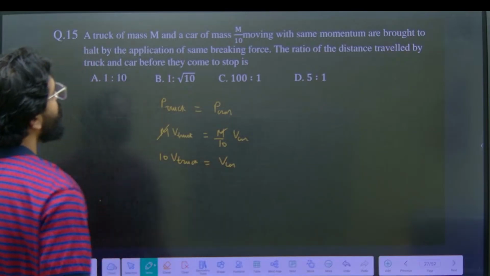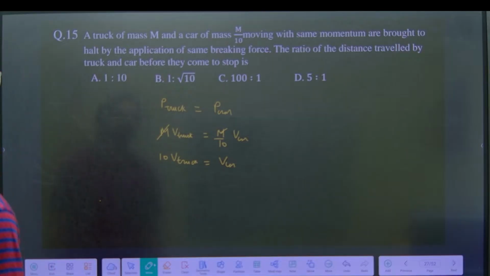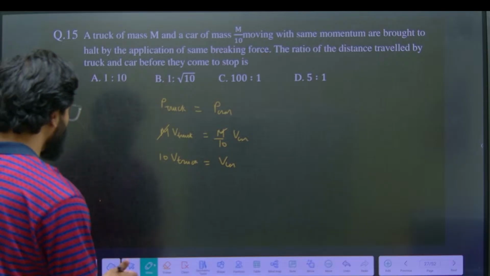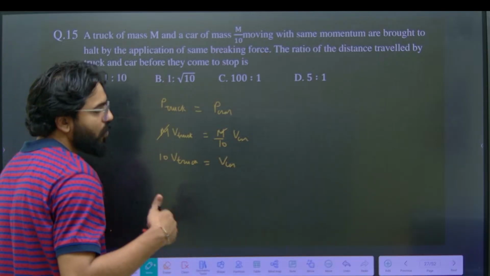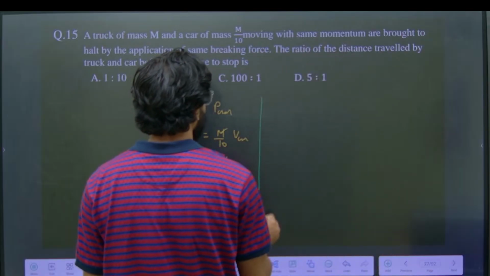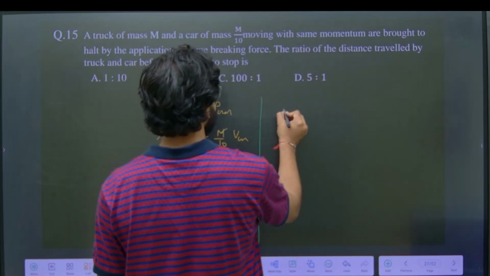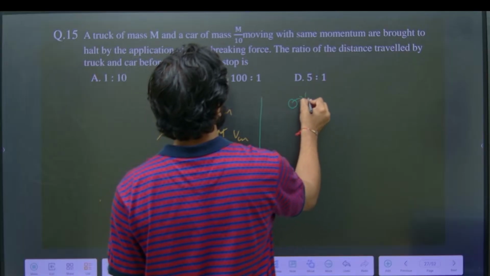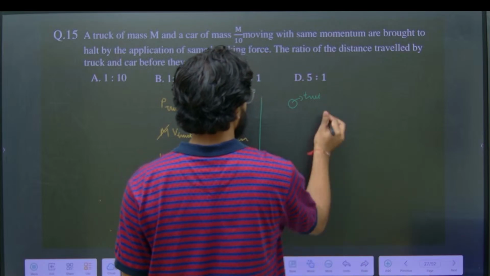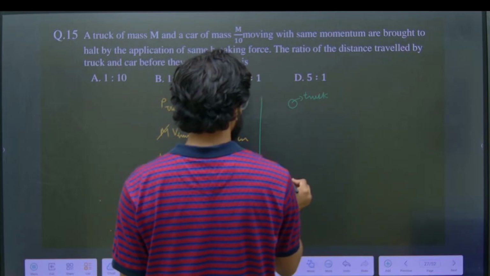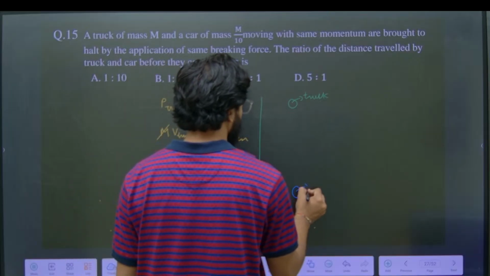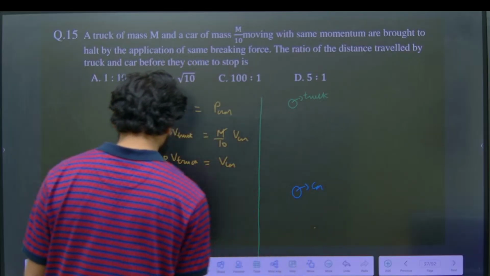Now what they are asking, if it is being stopped by the same force, again we will go to the work power energy and we will solve it. So this is for truck and this is for car.